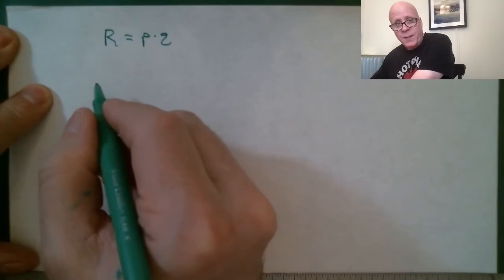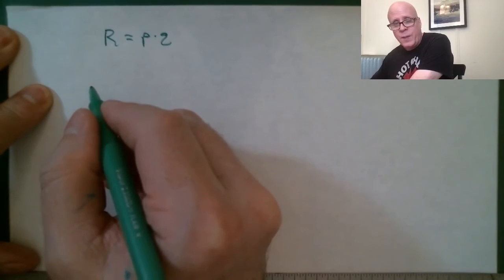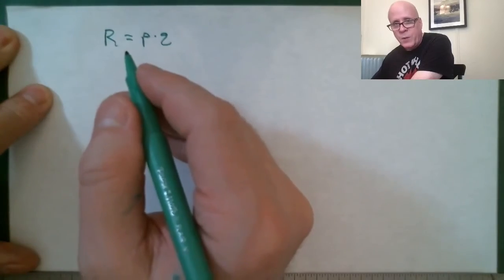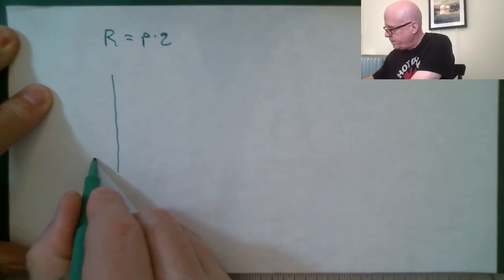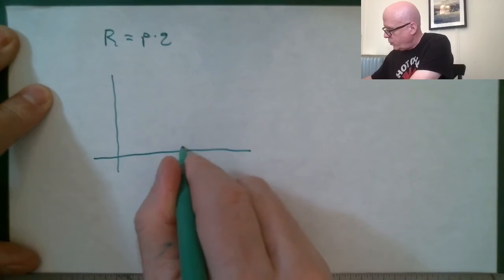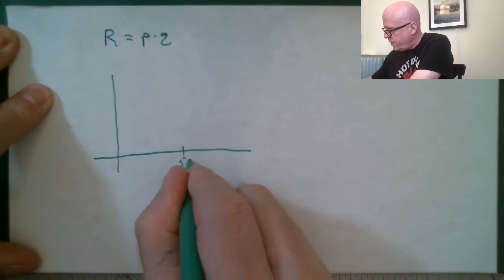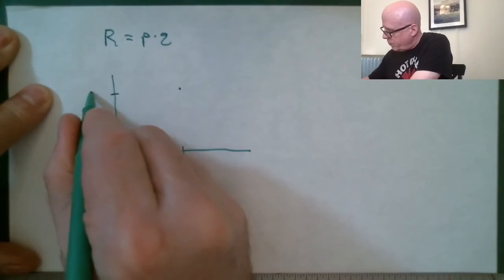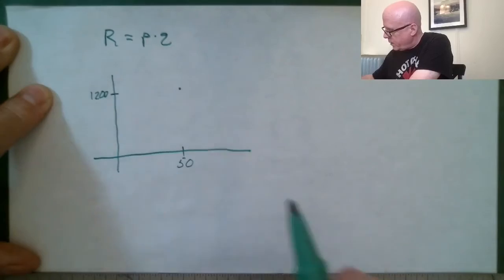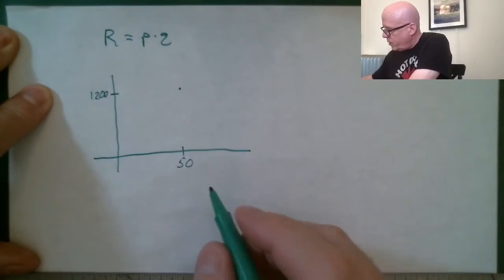It comes from that information we had about, if you raise the price a little bit, it'll reduce the number of tickets. So let's make a crude graph here. We had that at $50 we sold 1,200 tickets. So that would be 50 on the x-axis, 1,200 on the y-axis.